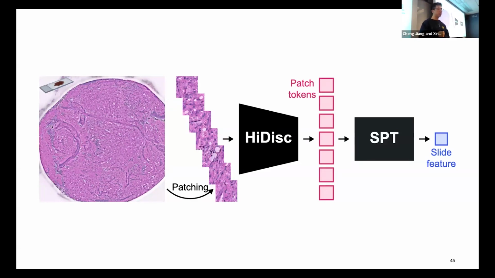So usually you still need at least an ImageNet pre-trained encoder to encode them into embedding space. Directly training in the imaging space is possible, but I think the easier way is to separate two roles: one is regional level learning for the patch encoder, and the other is to aggregate them to form a better slide representation.